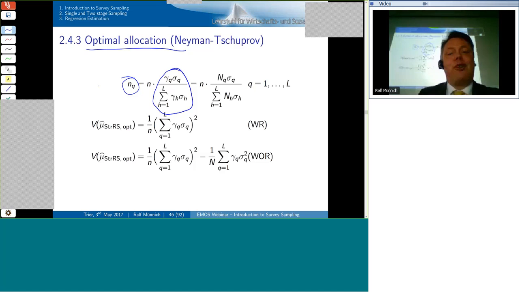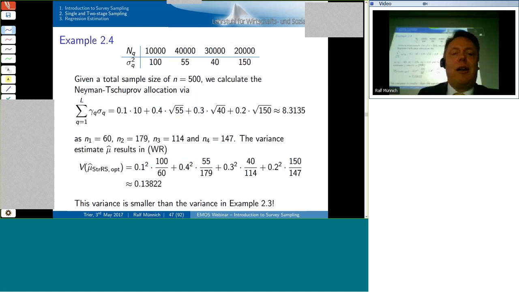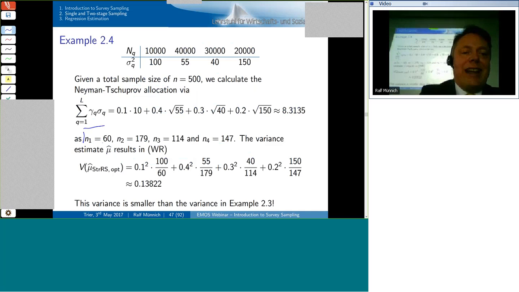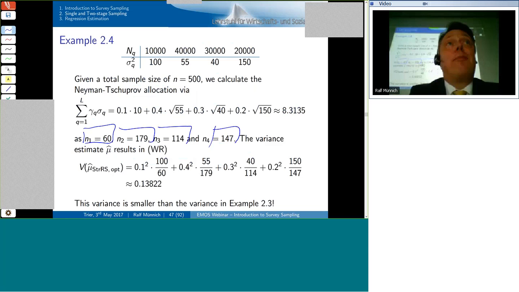So we have constraints. Before we come to the constraints, we certainly have an example. If we construct the Neyman-Chuprov allocation, then we can see what we get. Be careful, again: sample sizes are always integer numbers.